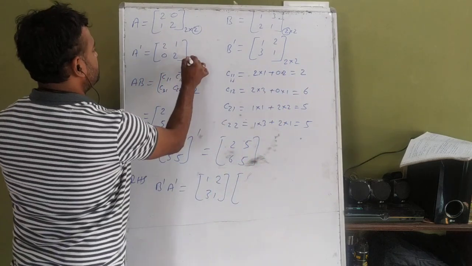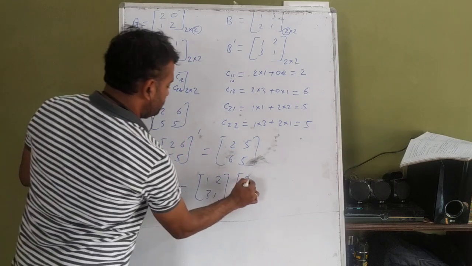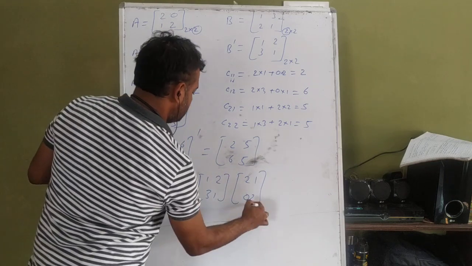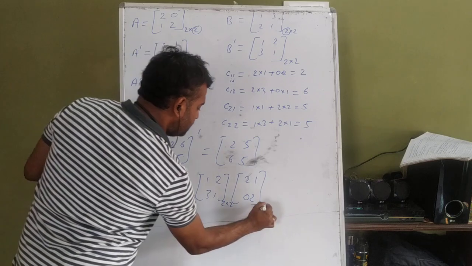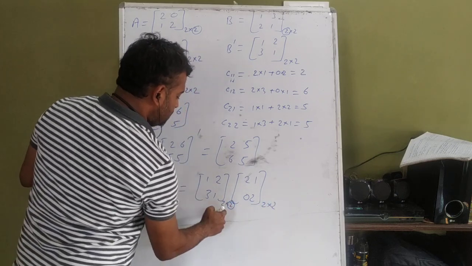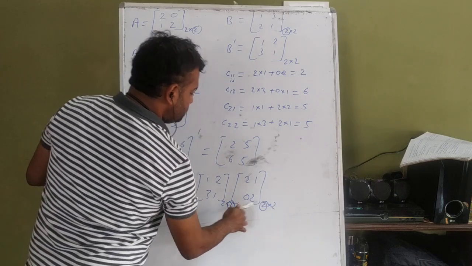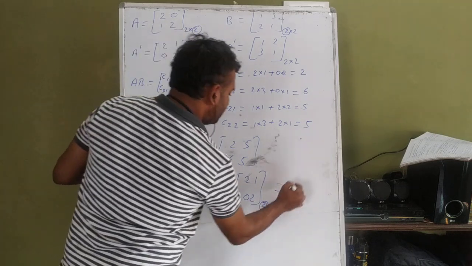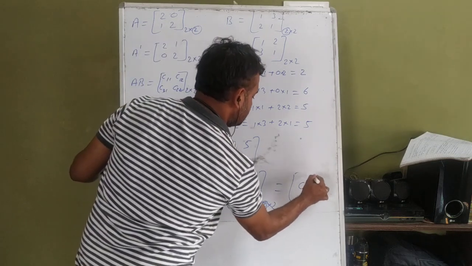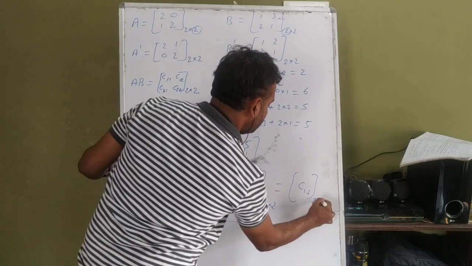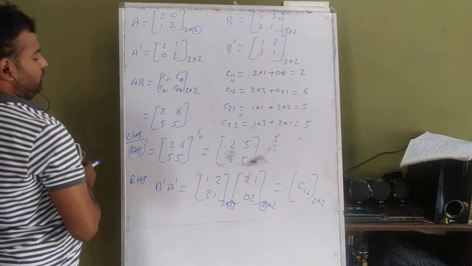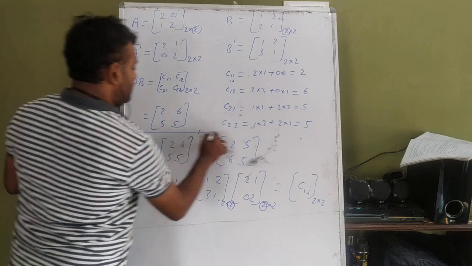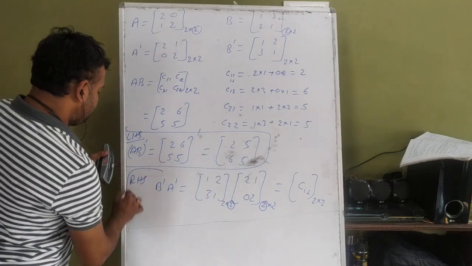And A transpose is also of order 2 by 2, [2 1; 0 2]. The product is possible here because the first matrix's columns equal the second matrix's rows. The product is given by C_ij and the order will be 2 by 2. So we have the value of the LHS. Now we are going to find the value of the RHS.